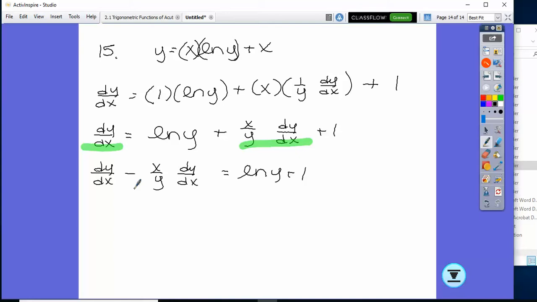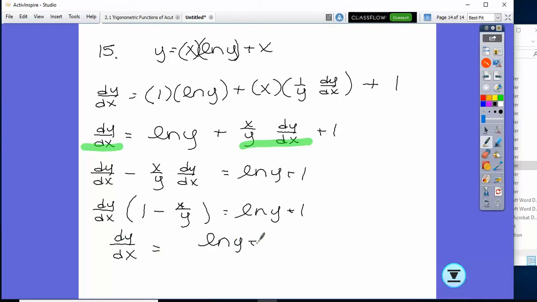Here, what could we do? So that would leave me with 1 minus x over y. To get dy dx by itself, you would divide. Final thing I might tell you, is it really proper notation to leave a fraction in a fraction?